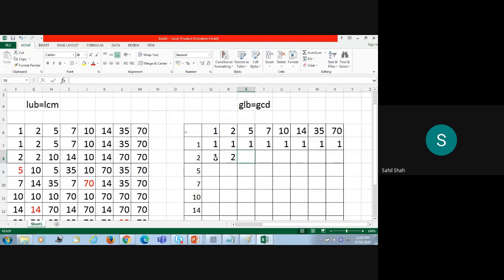What is the greatest common divisor of 2 and 5? 2 7 is 1. 2 10 is 2. 2 14 is 2. 2 35 is 1. 2 70.